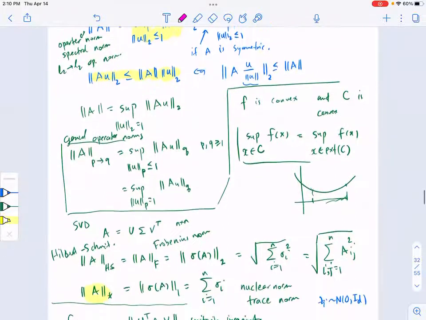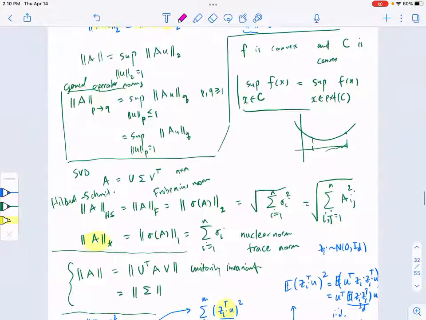Okay, so these are some of the interesting facts about matrix norms. All these norms that are defined in terms of the singular values are inherently unitarily invariant, which is easy to see, because if you multiply by unitary or orthogonal matrices U and V, this is not going to change the singular values. You just modify the left and right singular vectors, but you don't change the singular values.